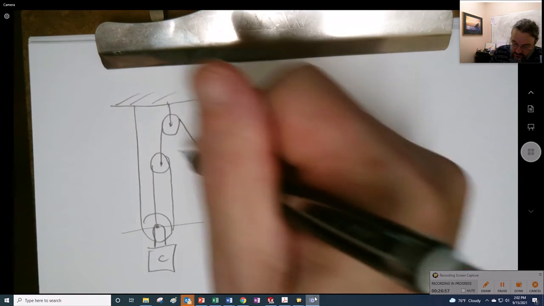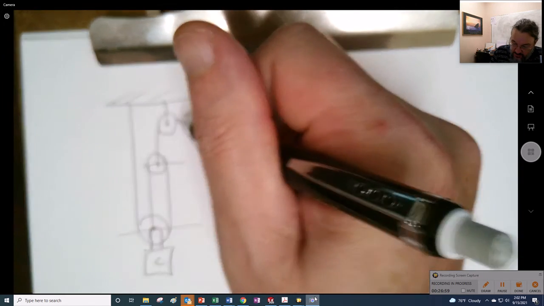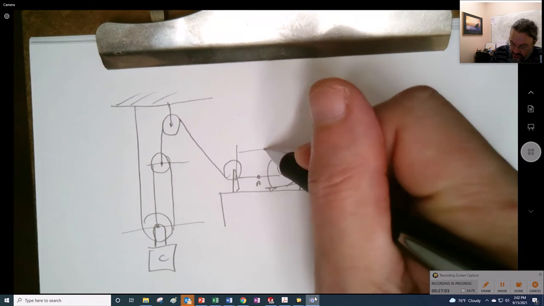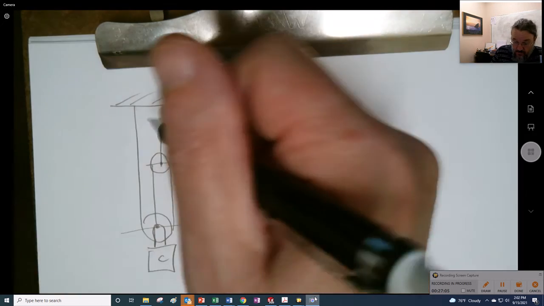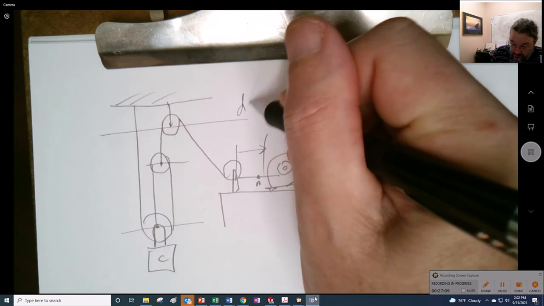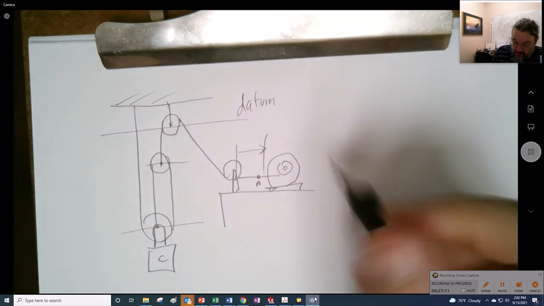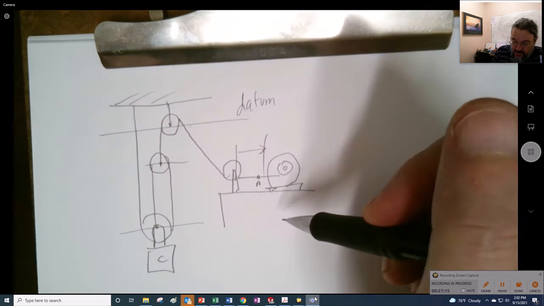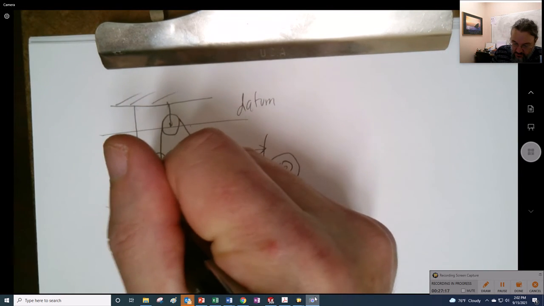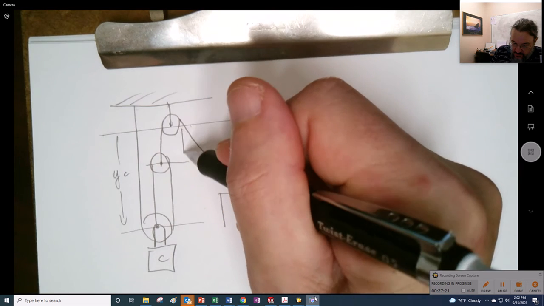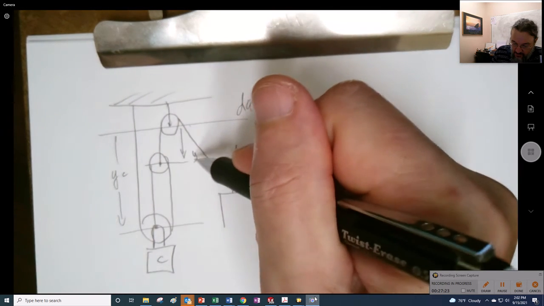So here's what I suggest: you make a datum right here. The distance between here and here never moves, so we can treat that as a constant. We can call this YC, and this distance YB.